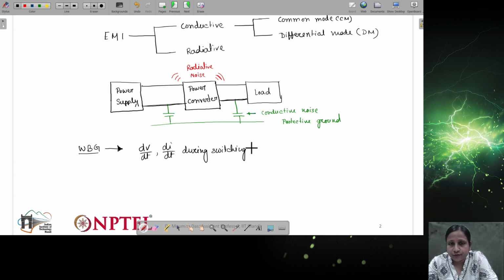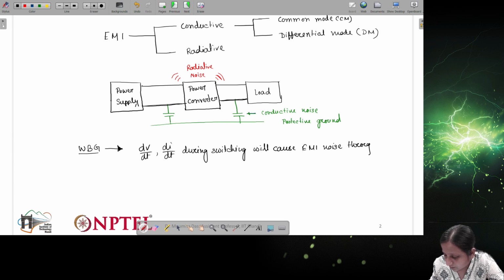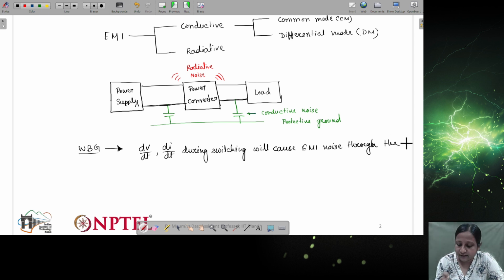That will cause these components to be very high, and this will cause a higher value of EMI noise during switching, through the parasitic inductance and the parasitic capacitance. Now these green capacitances which I have shown in this block diagram are parasitic capacitances.